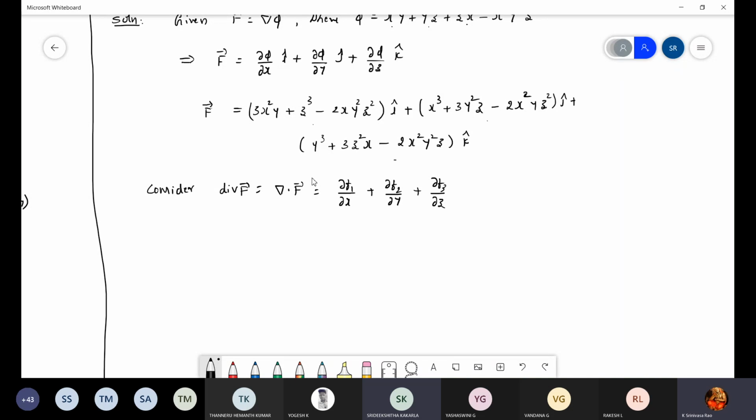Okay, for divergent you should be very careful. It is a dot product, so no i, j, k comes here. Now substitute for this. Because divergent is very simple, we will take one more step.